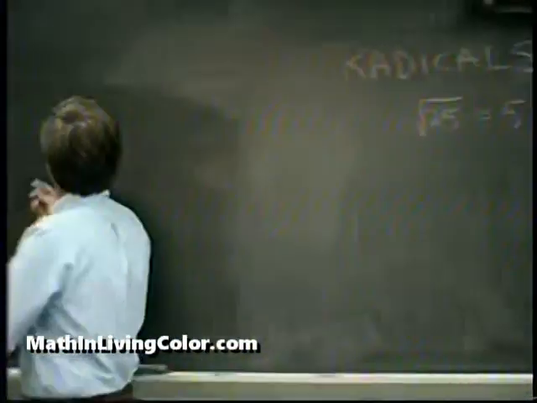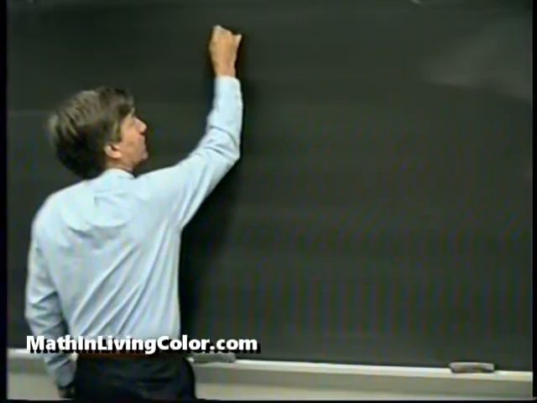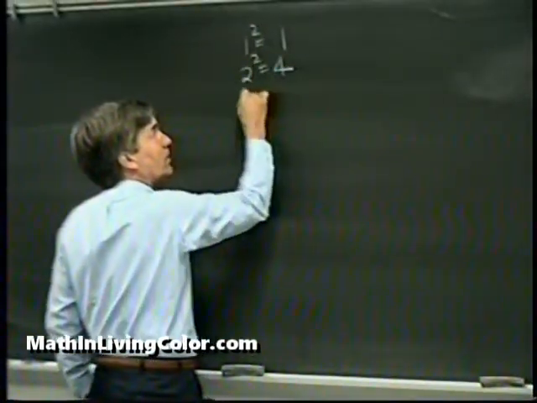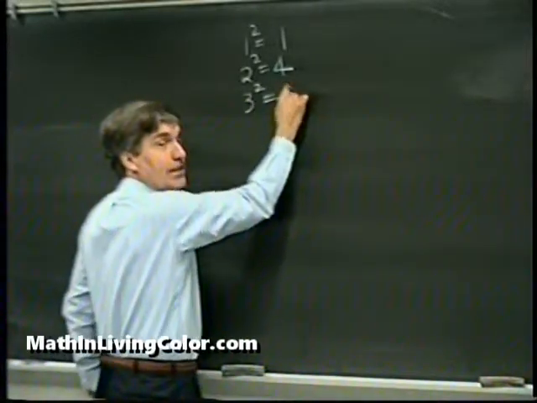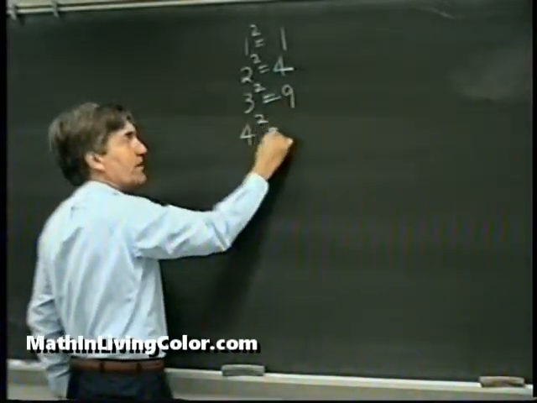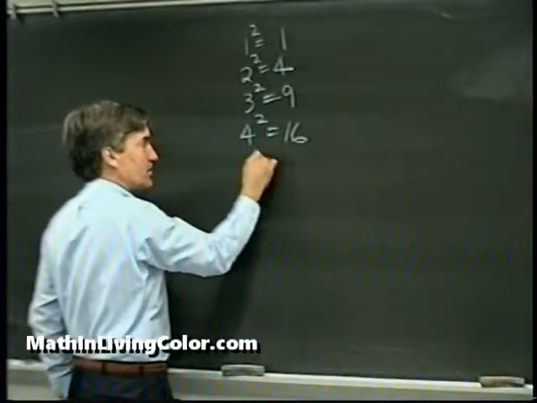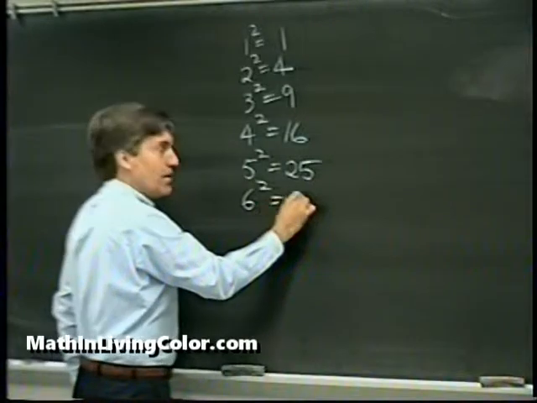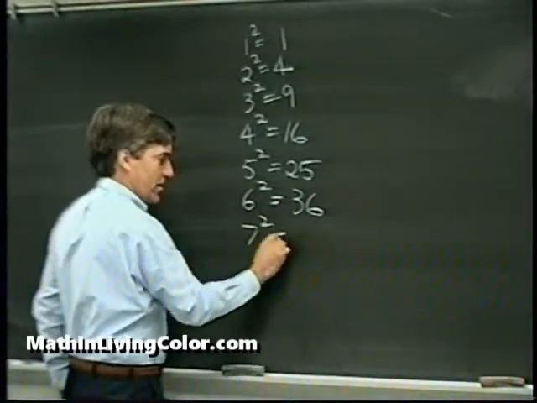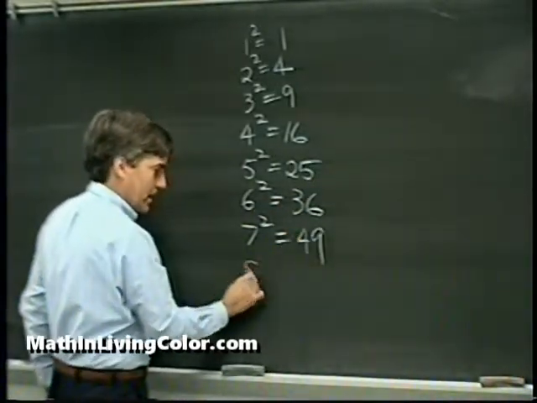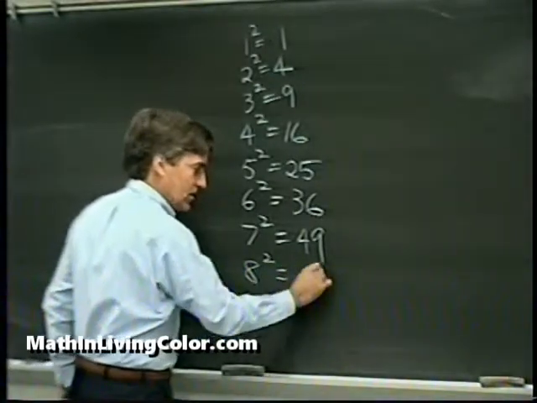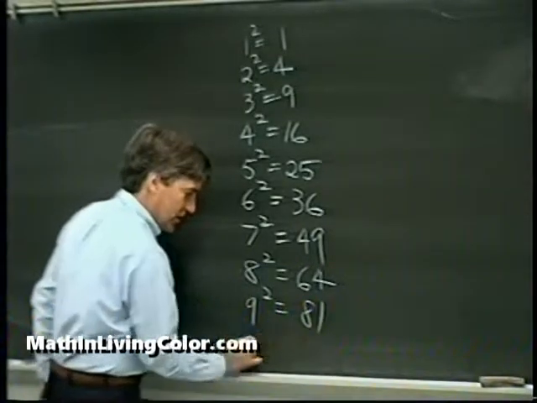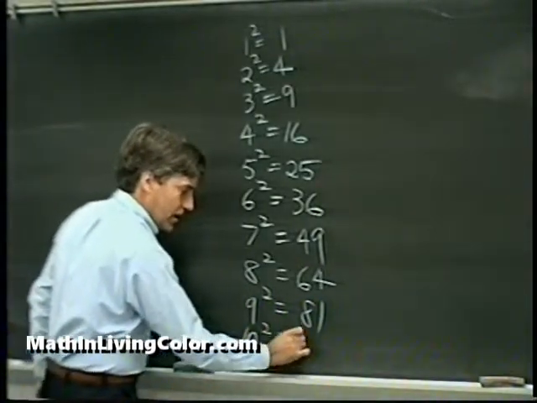Let me make a list of some perfect squares. Like 1 squared is 1, 2 squared is 4, 3 squared is 9, 4 squared, 16, 5 squared, 25, 6 squared, 36, 7 squared, 49, 8 squared, 64, 9 squared, 81, 10 squared, 100.